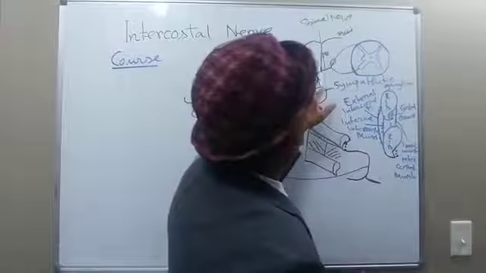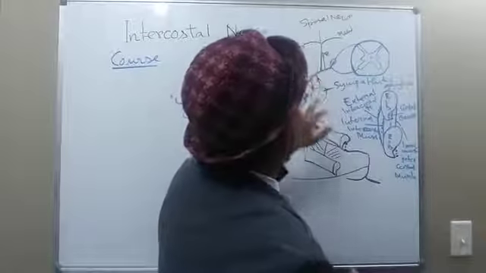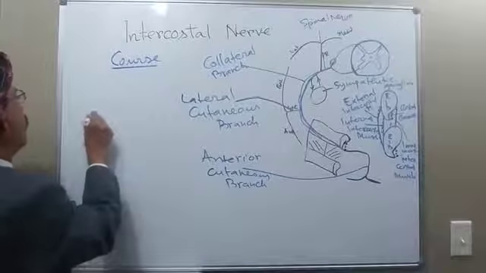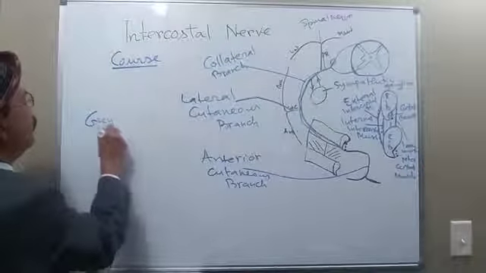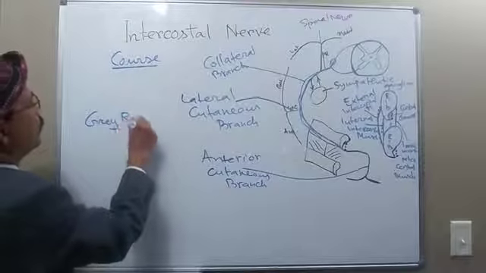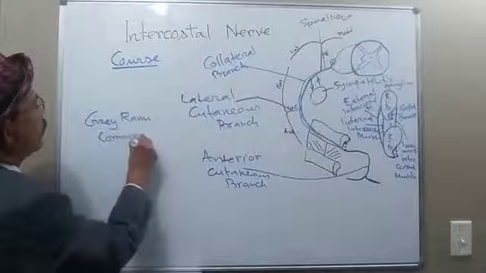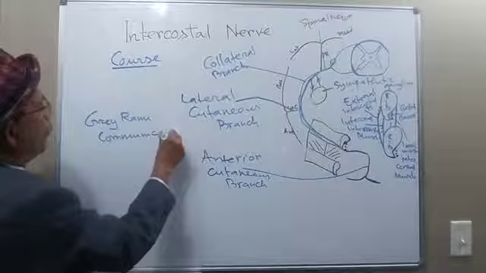The intercostal nerve is connected to the sympathetic ganglion by two rami communicantes.